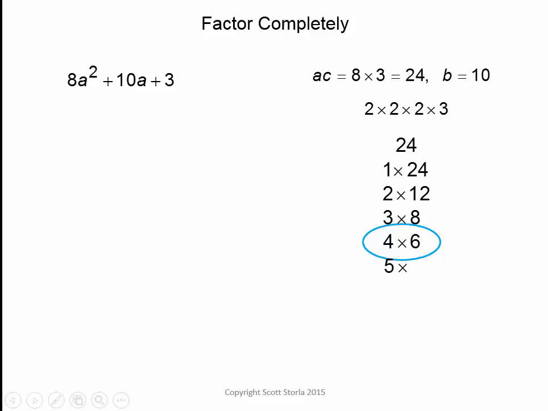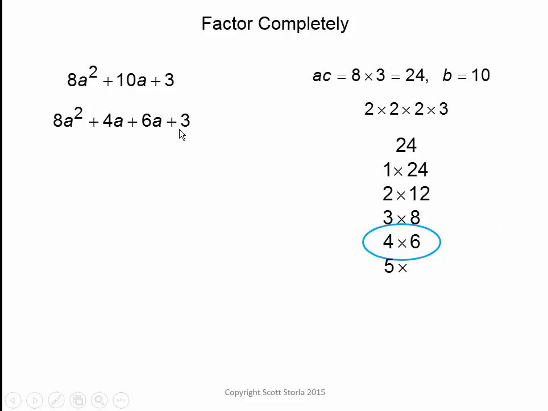Now I return to my trinomial and rewrite it as 8a squared plus 4a plus 6a plus 3. And again, the coefficients for my first degree terms come from my factor pair. This is my 4a and this is my 6a.